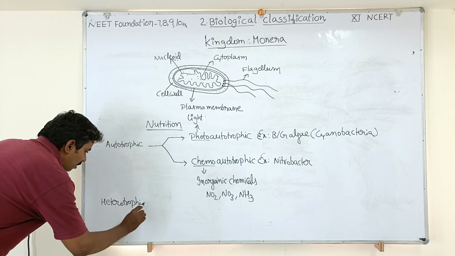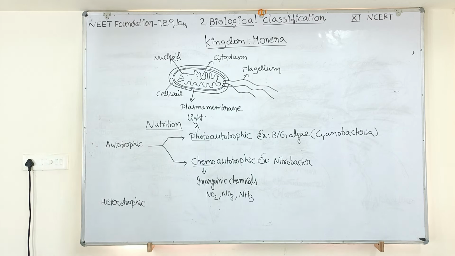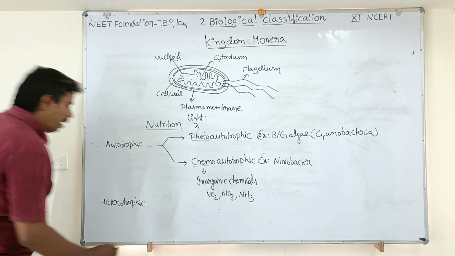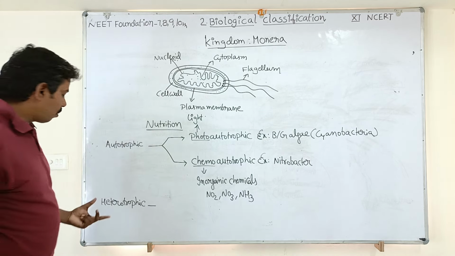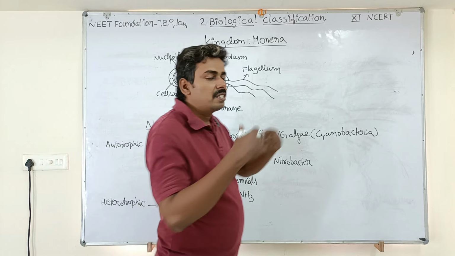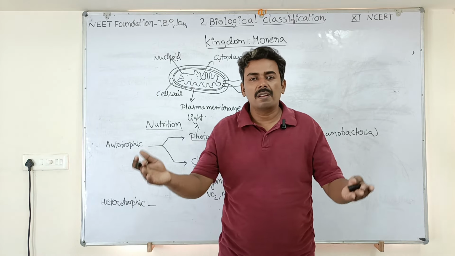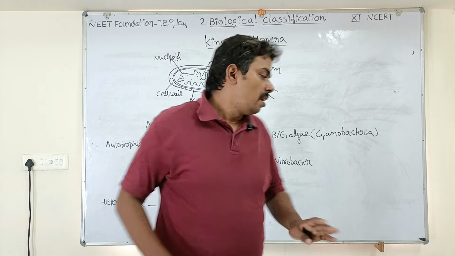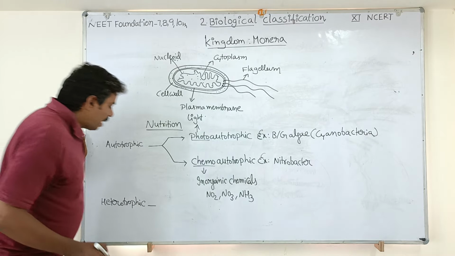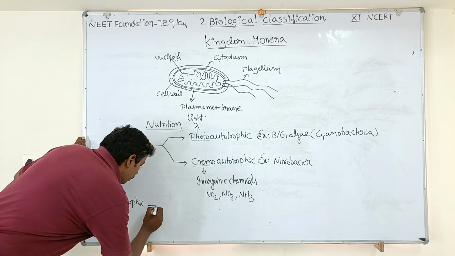Next, coming to the second group of bacteria, which is showing heterotrophic nutrition. Here the bacteria will obtain their nutrients from an external source, from other organisms. They cannot prepare their own food. Heterotrophic bacteria are again of two types.